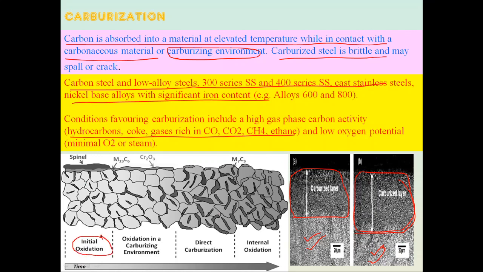First is initial oxidation, where the oxidation will start. Here you can see these are the oxides formed at grain boundaries and at the grains as well. At the next stage, when more exposure time comes, there is oxidation in the carburizing environment, which is now increasing.